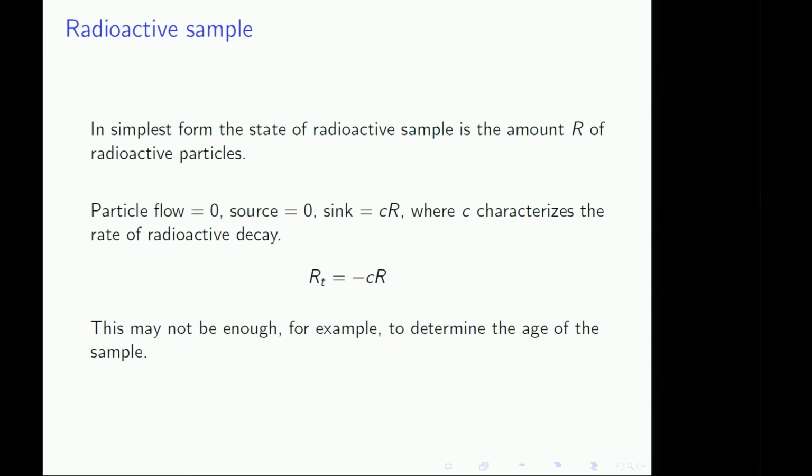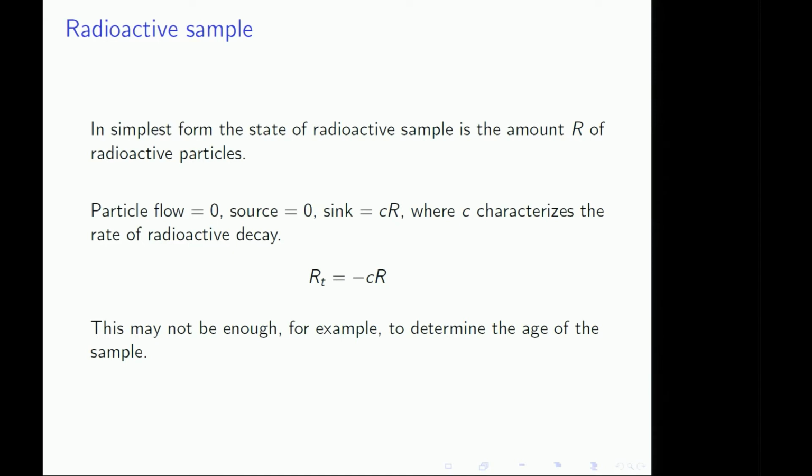Particle flow is typically zero, so we have an isolated sample where no new particles are entering and no particles are lost through system boundaries. Also, the source term is zero, so no new radioactive particles are created, or at least not the ones we are interested in.